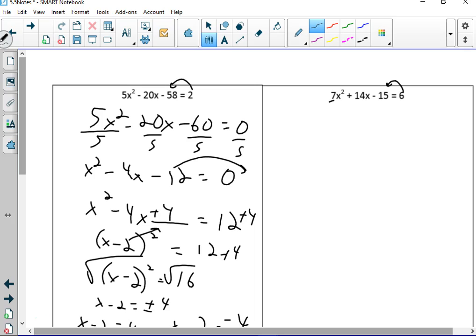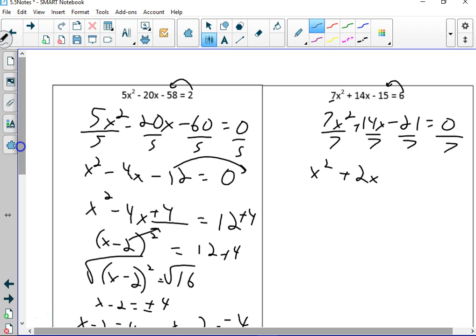Right now, we're going to move this over and get 7x squared plus 14x minus 21 equals 0. Notice they're all divisible by 7. So we do that. Divide everything by 7. And we get x squared plus 2x minus 3 equals 0.